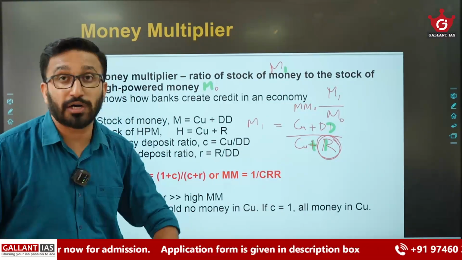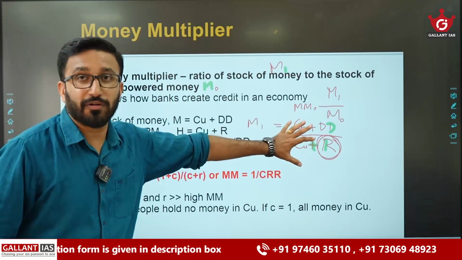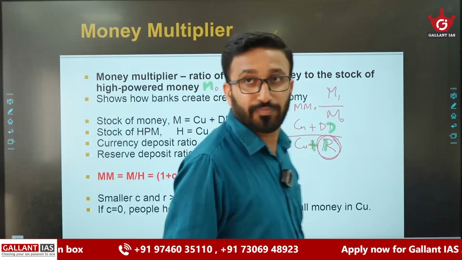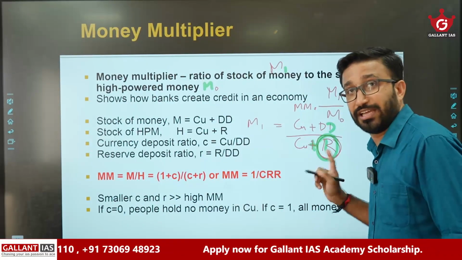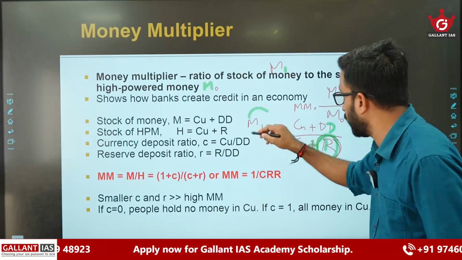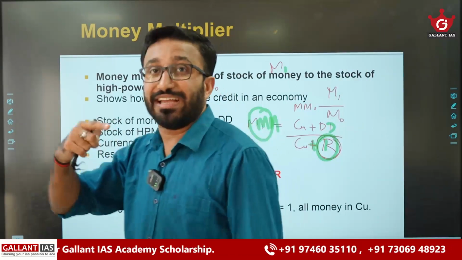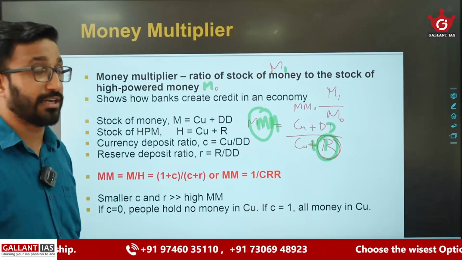In a fraction, what happens if denominator is increased? The value of the fraction or the ratio gets reduced. It's simple mathematics. So when the reserve is increased, money multiplier gets reduced.